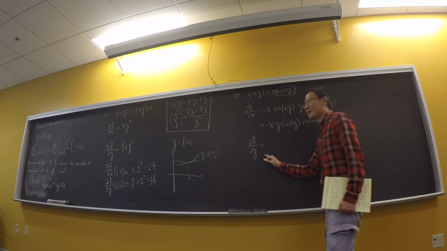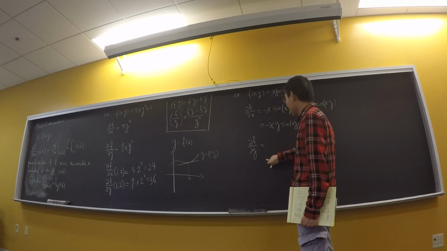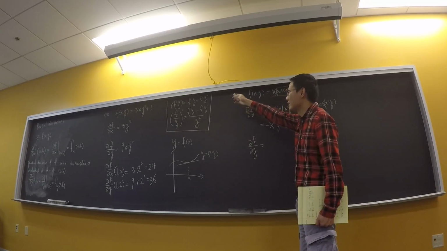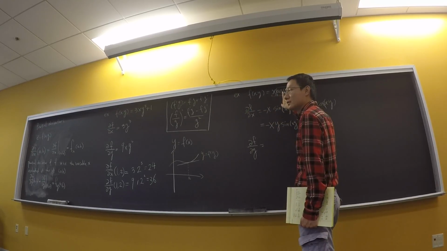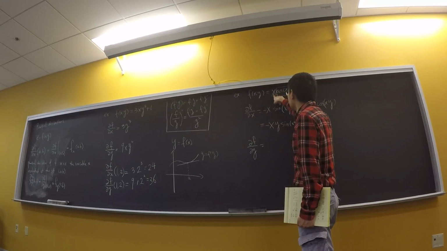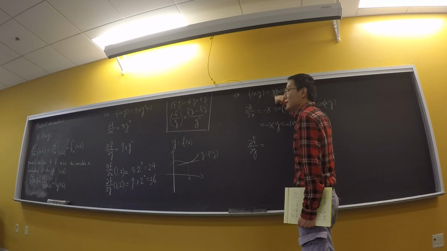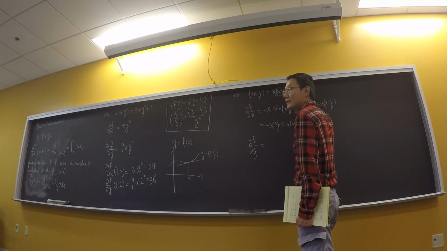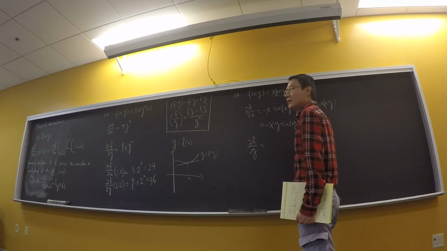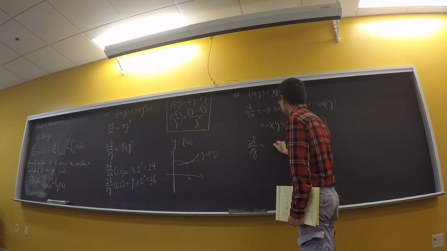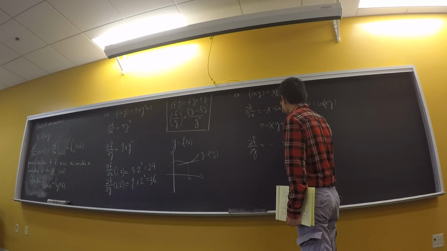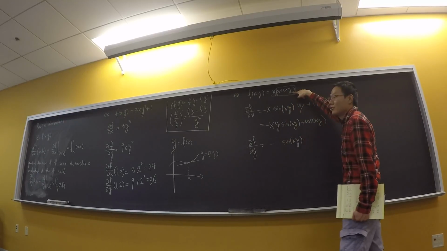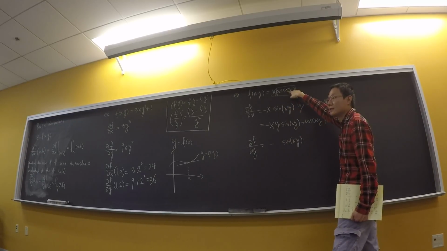So partial f, partial y, what do you got? X becomes the constant, right? So you don't even need to use the product rule anymore. Are you with me? So x is essentially a number, right? So I'm taking the derivative with respect to y. Negative sine of xy, times, but I'm taking the derivative with respect to y, so x is supposed to be the coefficient, right?